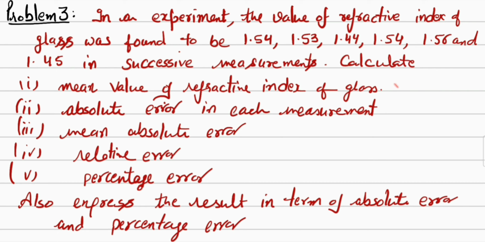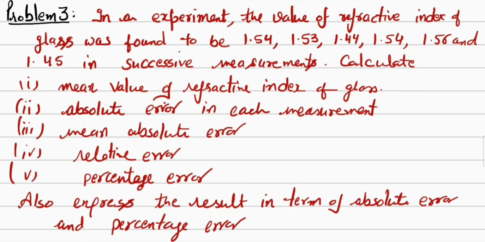Calculate the mean value of the refractive index of the glass, absolute error in each measurement, mean absolute error, relative error, percentage error, and also express the result in terms of absolute error and percentage error.